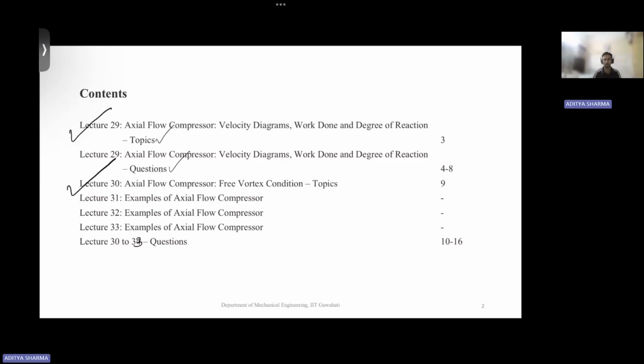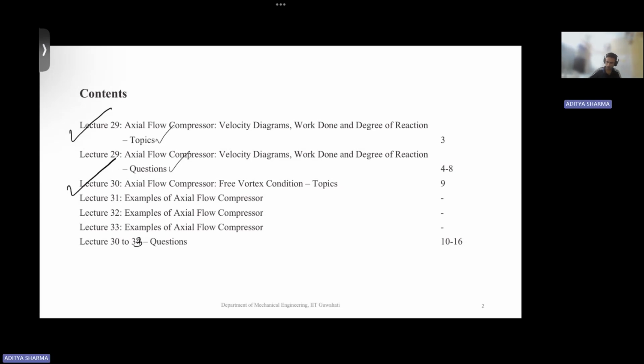We'll see what is free vortex condition with respect to axial flow compressors, and what is its importance in the design of an axial flow compressor.